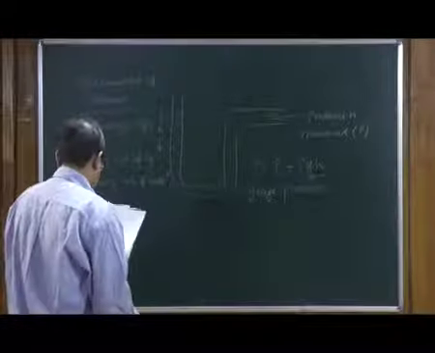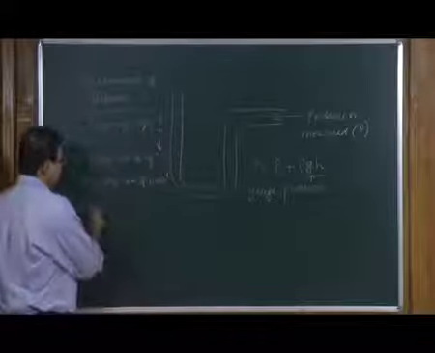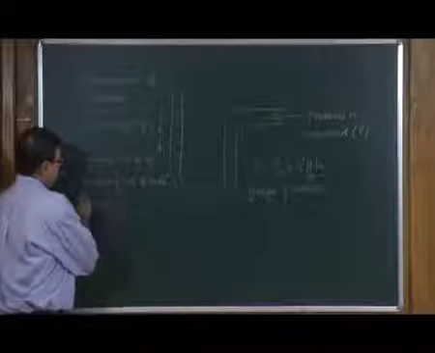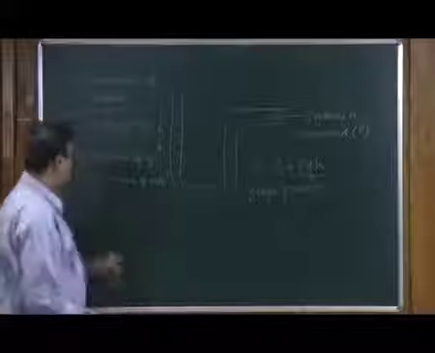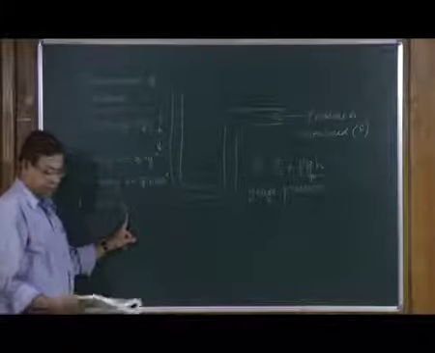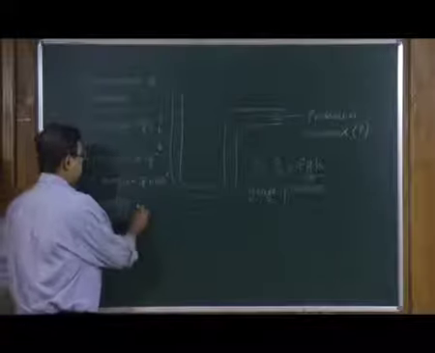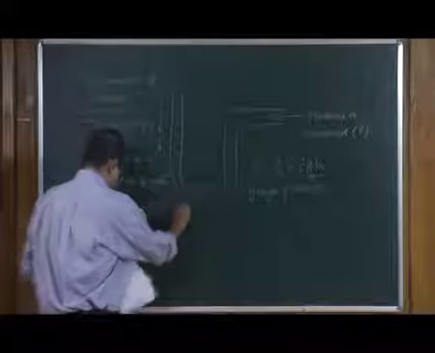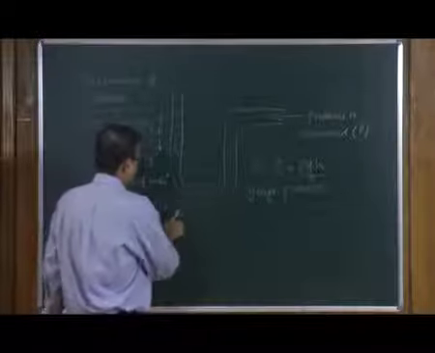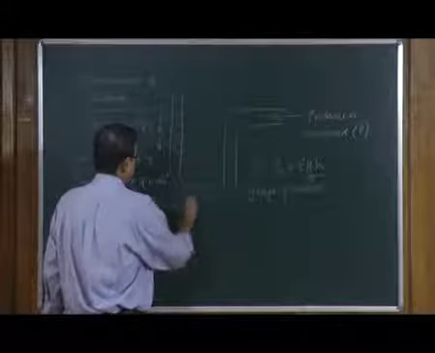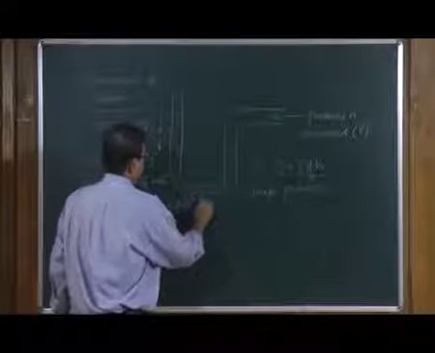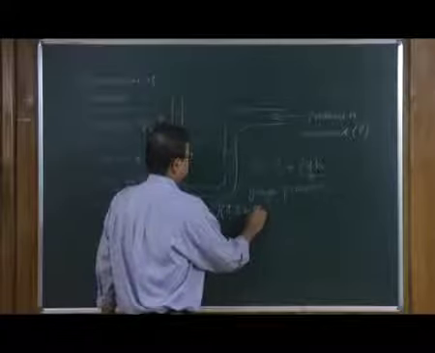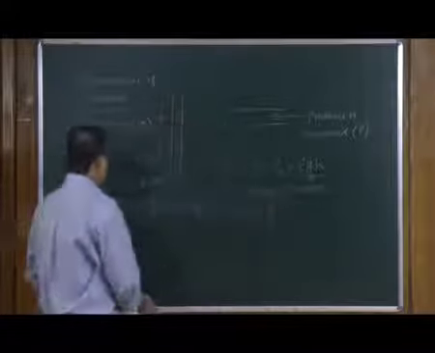In any case, there is a unit called the mmHg. So 1 mmHg, mm is for millimeter, Hg is mercury. So 1 mmHg is equivalent to a pressure of 13.6 into 10 cube kg per meter cube, g to be 9.8 meter per second square, and 1 millimeter of mercury.